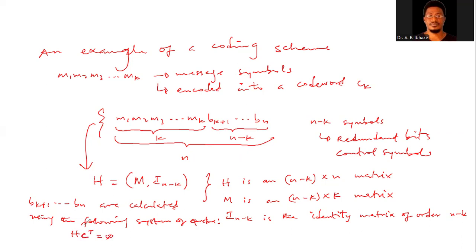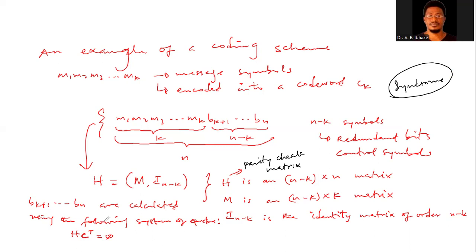So by the time we multiply the code word by the parity check matrix, because here H is the parity check matrix. And this parity check matrix, as we'll see much later, is used for syndrome decoding. That is what we use in the decoder to check if there is error or not.